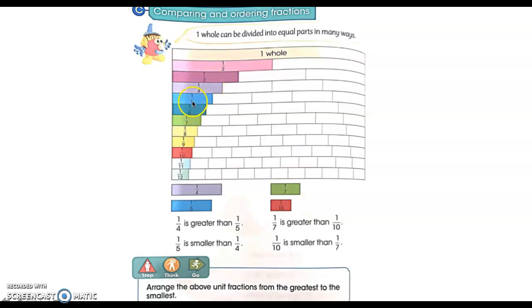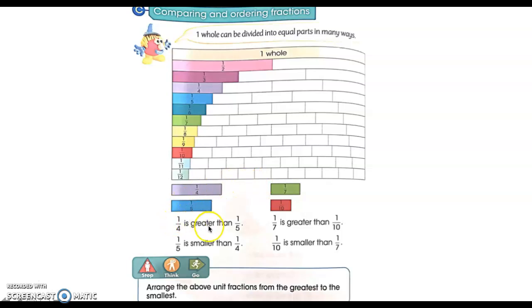So the length of the stripe decreases when you divide it into more parts, right? Now see, if you compare 1/7 with 1/6, 1/7 stripe is smaller than 1/6, so this 1/6 is bigger than 1/7. That's how we compare. Now see, 1/4, 1/5, 1/7, 1/10.